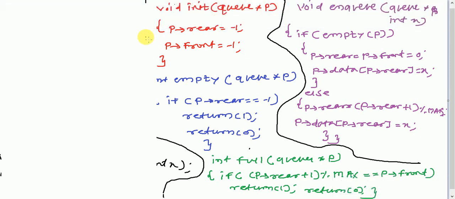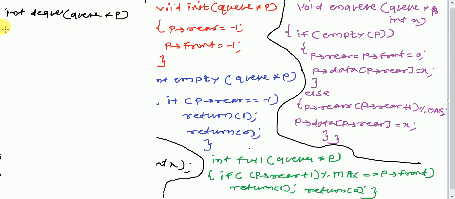So it will return the value which we have been deleting. So the return type here we are writing int, and we are saying here delete Q. So here in delete Q function, we are passing only a structure Q over here.